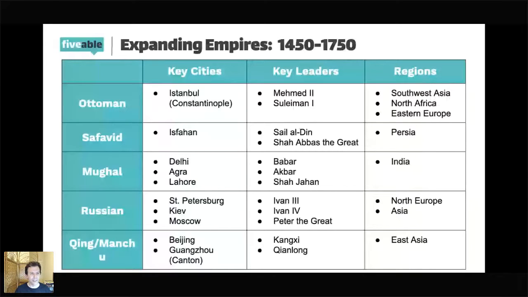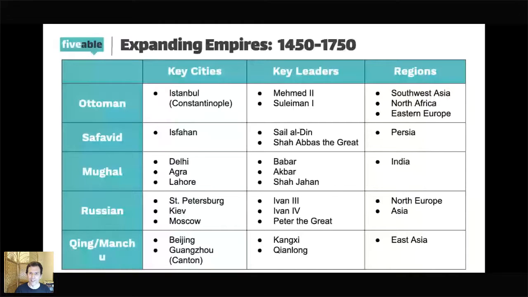Now, expanding empires, we're leaving the three classic gunpowder empires, but these are expanding empires, and don't think they're not noticing the power of gunpowder and cannons and artillery and warfare. So the Russians, you're going to see key cities in St. Petersburg, Kiev, and Moscow. Key leaders, Ivan III, Ivan IV, and Peter the Great. You'll see regions North Europe and Asia.